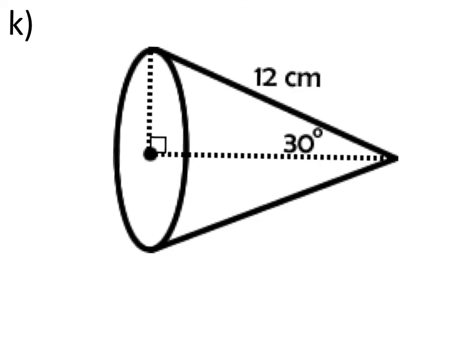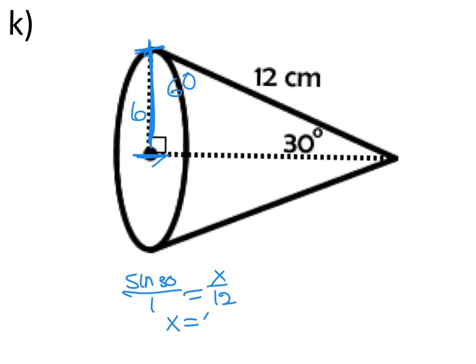This last problem, we need to find the radius. We could notice that that is a 30, 60, 90 triangle, in which case the long side, the hypotenuse, is 12, so the short side is 6. Otherwise, you could get that distance of 6 for the radius using sine. I'll write out what that would look like. And using sine, then you would get that x also equals 6.